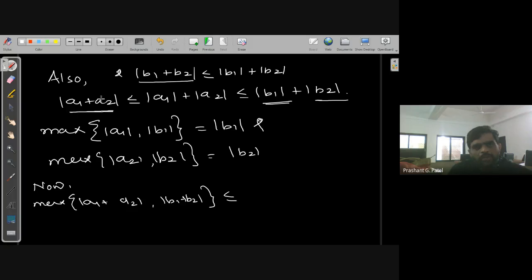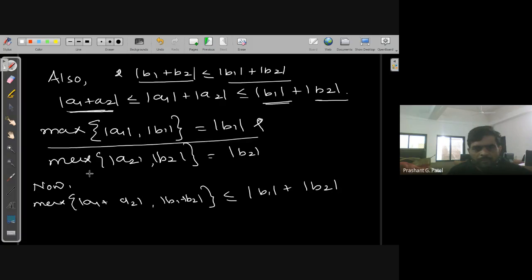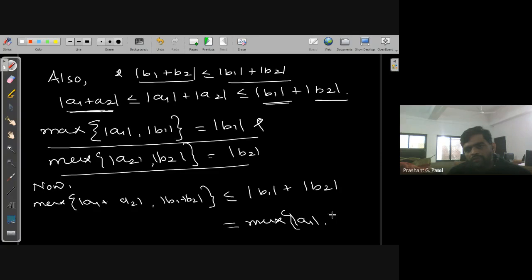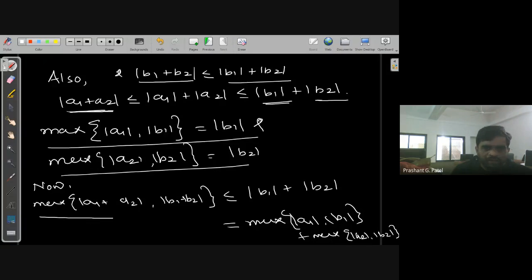So both this number and this number are always less than or equal to this number. So that's why their maximum is always less than or equal to this number. So I can say that this is less than or equal to |b1| plus |b2|. But due to this, this is equal to the maximum of |a1|, |b1| plus the maximum of |a2|, |b2|, which is our objective.